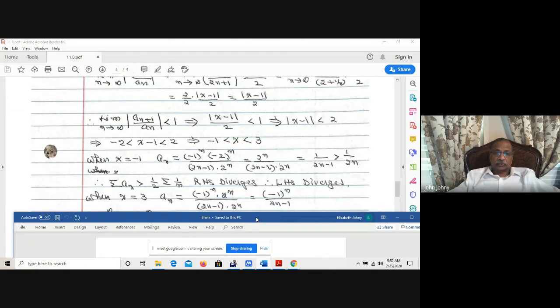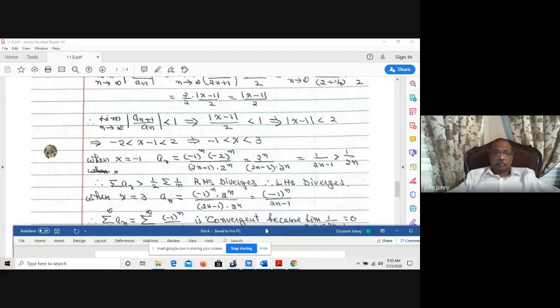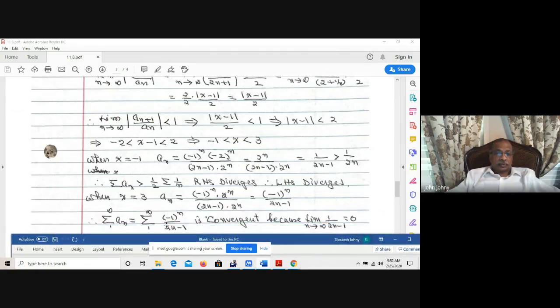When x is equal to 3, a_n is equal to (-1) to the power of n, 2 to the power of n divided by (2n minus 1) times 2 to the power of n. That is (-1) to the power of n divided by 2n minus 1. Therefore, sigma from 1 to infinity of a_n, which is sigma (-1) to the power of n divided by 2n minus 1, is convergent because of the alternating series test.